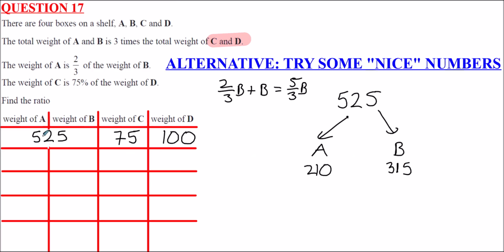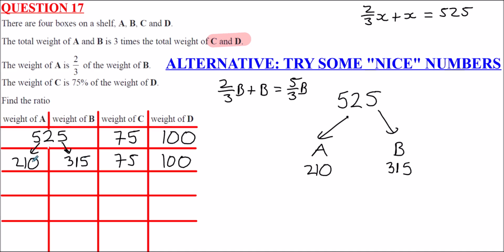So that would mean that if D is 100, I'd have 100, that's 75, and that 525 would be split 210 for A, 315 for B. Another way you could have done this, by the way, you could have said 2/3 of x, where x is B, plus x equals that 525, and then solved like that. You would have got x is 315.